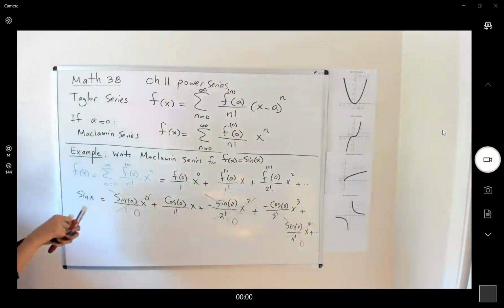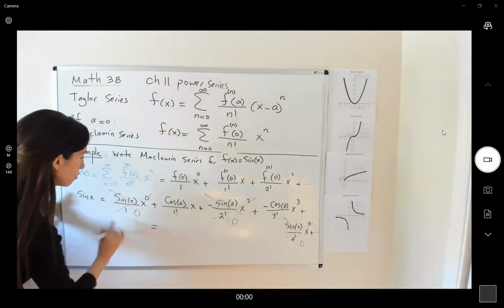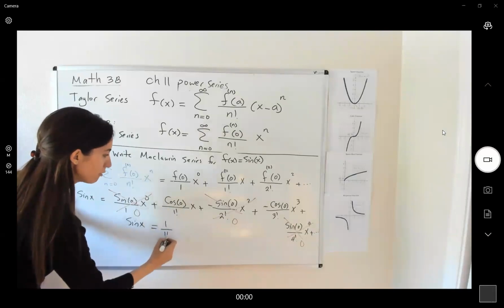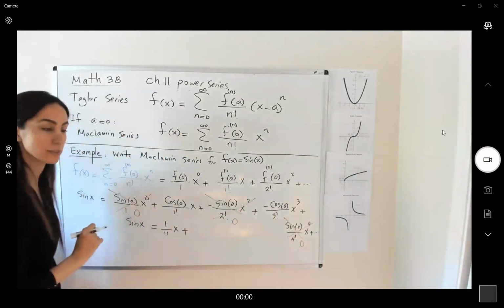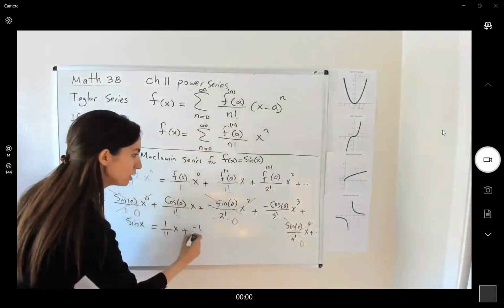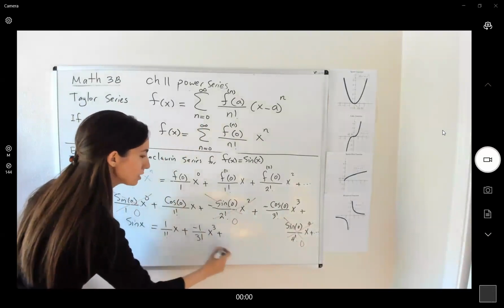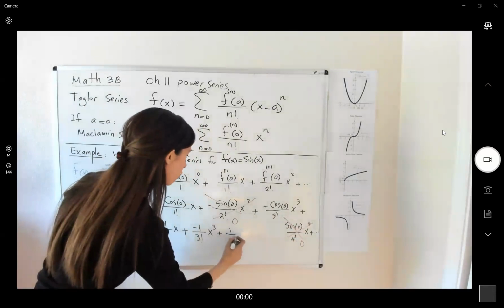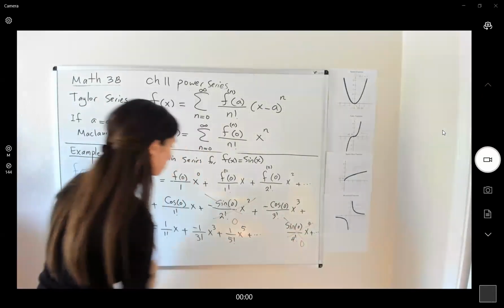Cosine 0, which is 1. So cosine of x is equal to cosine of 0, which is 1 over 1 factorial times x plus negative cosine of 0, which is negative 1 divided by 3 factorial x to the third plus, if you continue the rest of the terms, you can say it is 1 over 5 factorial x to the fifth plus the rest of it.